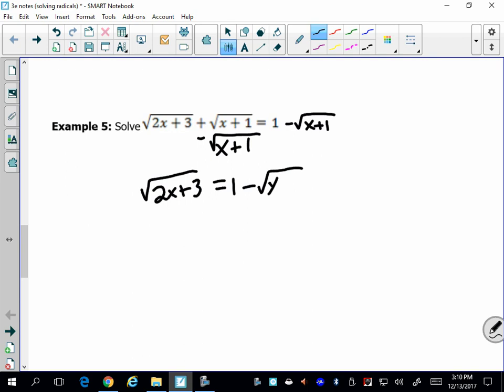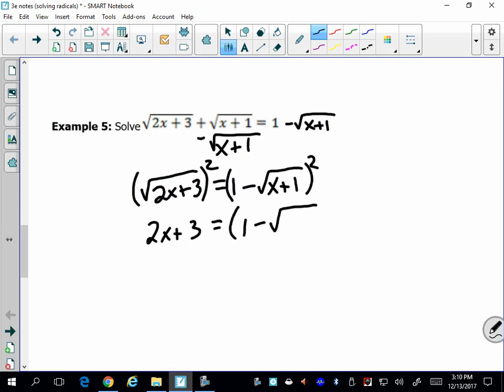And then now you have one of the radicals isolated, so now let's do the opposite of the index. The index is like square root, 2. So square both sides, and we get 2x plus 3, because square and square root are opposites. You get 1 minus the square root of x plus 1, squared.